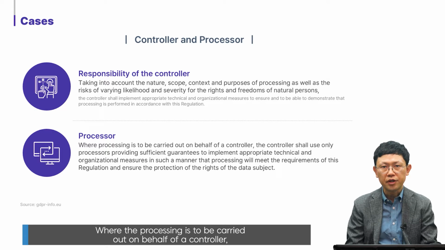Where processing is to be carried out on behalf of a controller, the controller shall use only processors providing sufficient guarantees or implement appropriate technical and organizational measures in such a manner that processing will meet the requirements of this regulation and ensure the protection of the rights of the data subject.